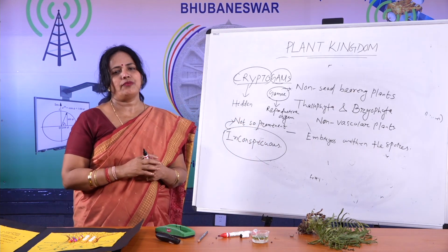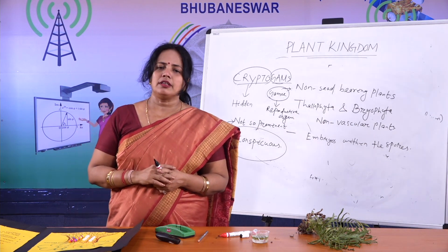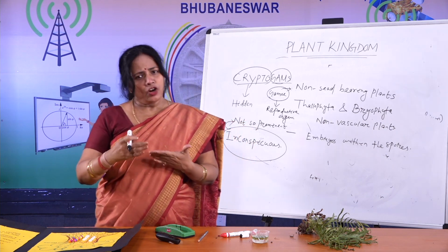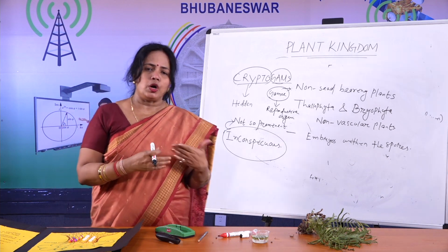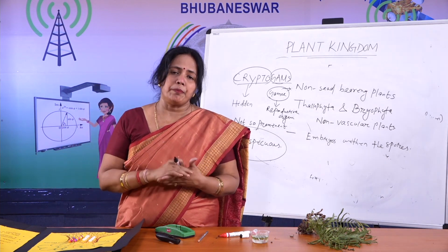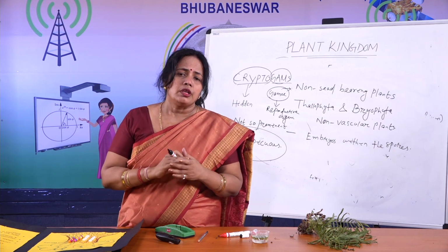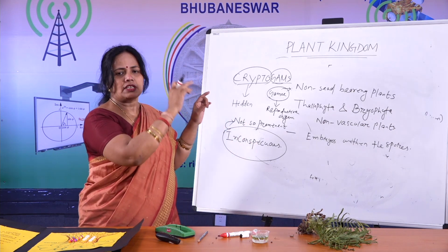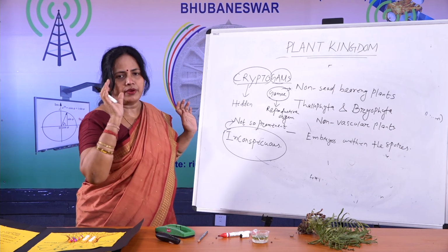I hope all of you have understood and you can utilize the concept in answering questions, that is evaluation type or understanding type, or if you have to create a mind map or design a concept map. Suppose you are asked to draw the concept map of cryptogams, then cryptogams is divided into three parts: thallophytes, bryophytes and pteridophytes.